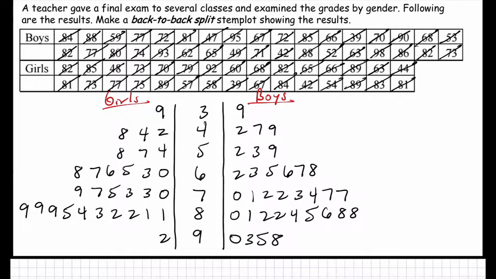And then we need to put a key, always put a key for stem plots. You can pick any number here. I always pick the smallest just because that's where I started, but you can pick any number. You don't even have to pick a number that's on there. I could have said 29 equals 29.